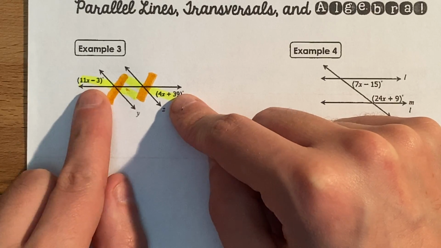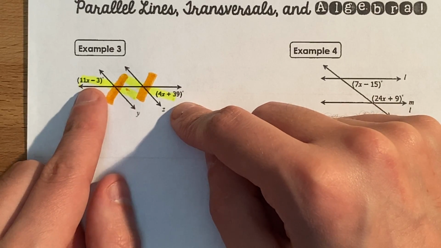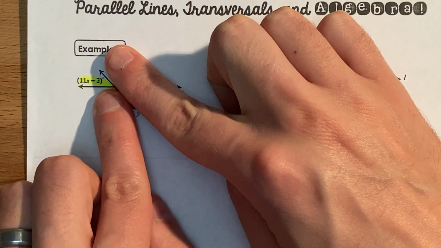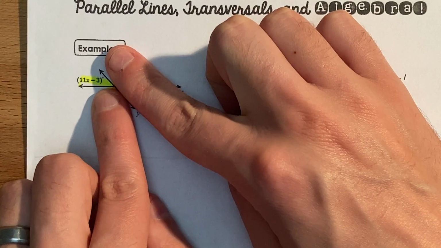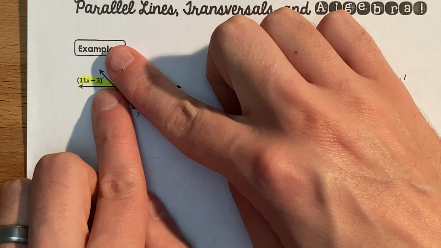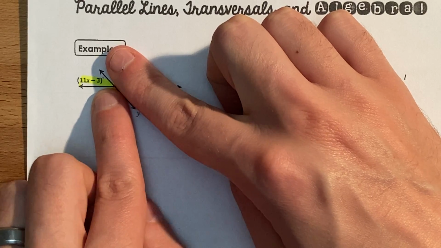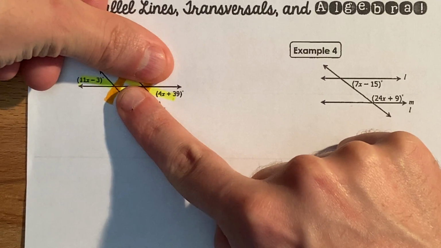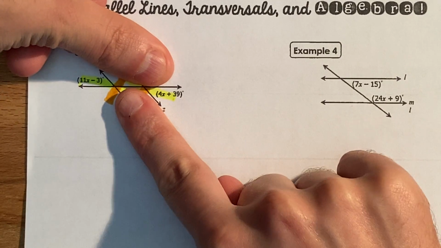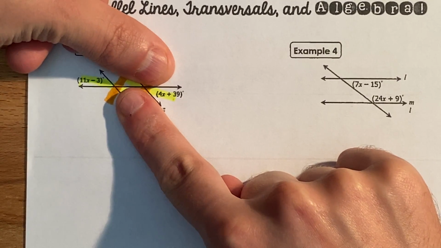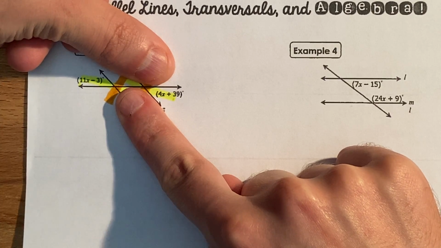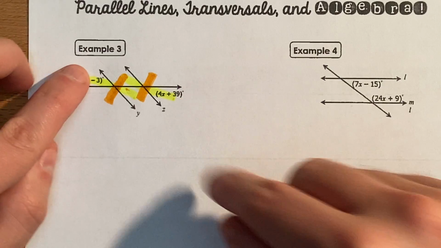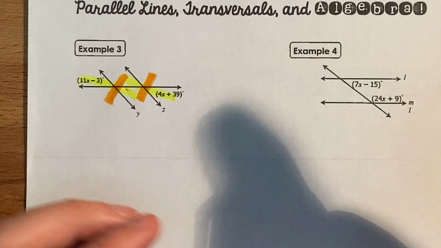Everything that was labeled was yellow, or if you prefer, is this an acute angle or is this an obtuse angle? This is an acute angle. Over here, is this an acute angle or is it an obtuse angle? And it is an acute angle. So both of these are acute angles, which means they are equal to each other.